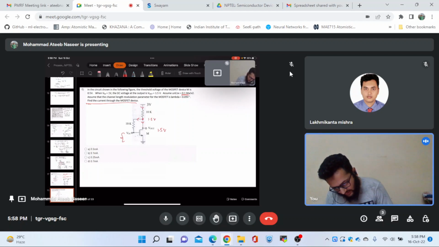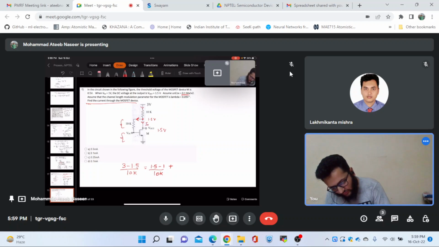So VD is equal to 3 minus 1.5 divided by 10K will be the current in this, which is equal to the current in this circuit. The current in this circuit is simply 1.5 minus Vin, Vin is 1 volt, divided by this resistance, 10K, plus the current in this.